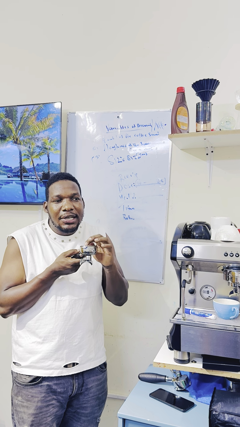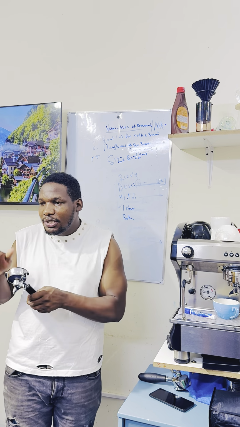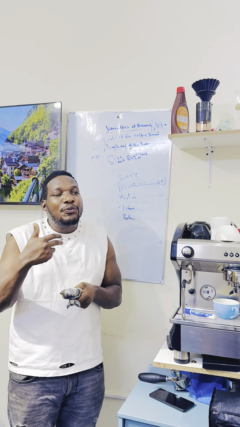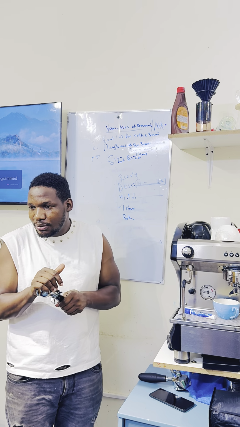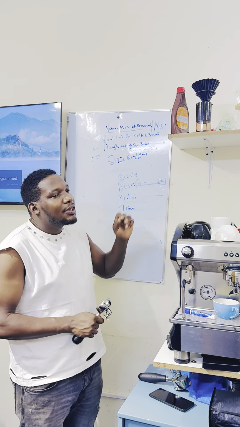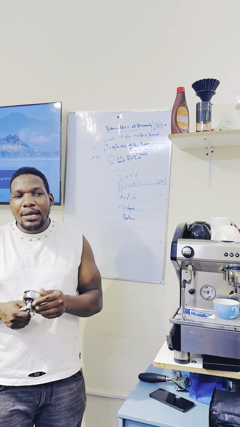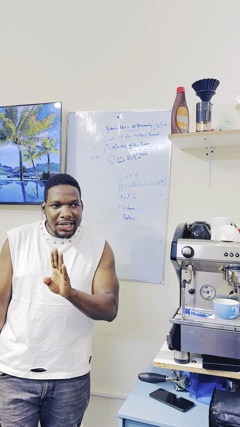If you put in 15, you're going to get up to 30. If you put in 20 grams, you get 40 mLs of liquid out. If you put in 22, you get 44 mLs out, in between 20 to 30 seconds.